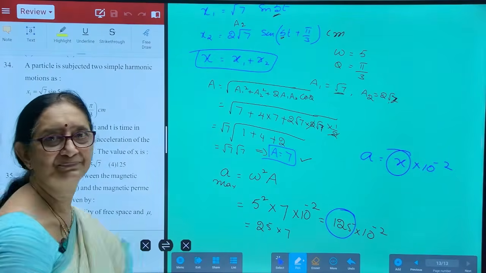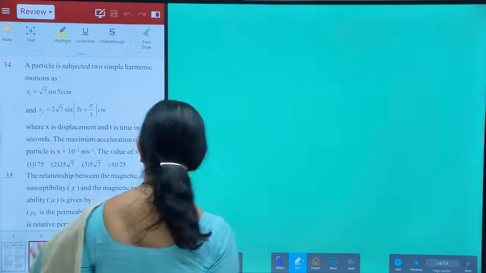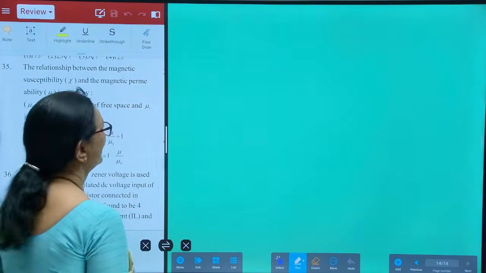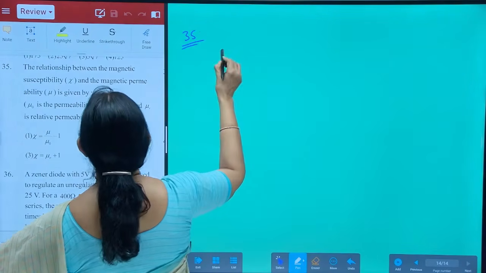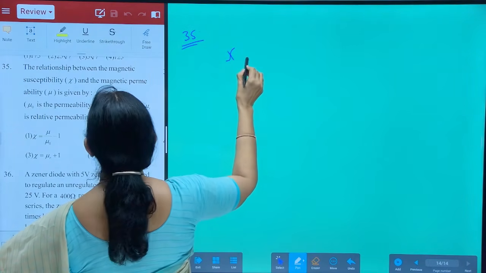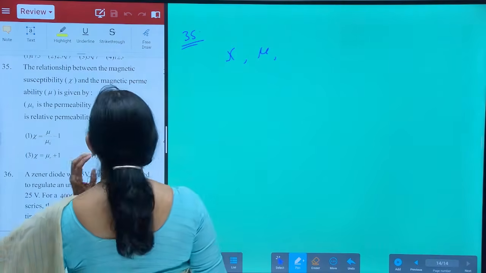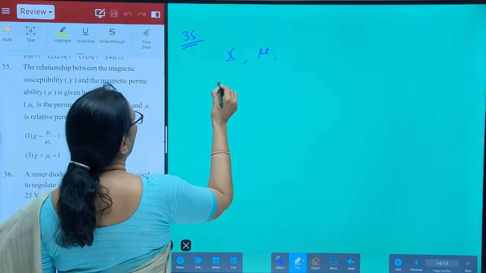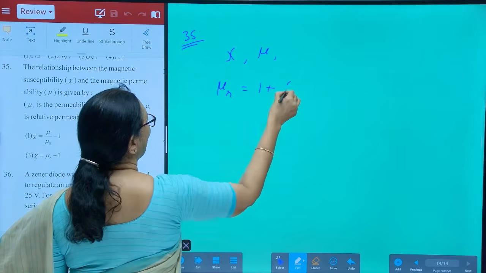Clear? Okay. Let us go to the next problem. This is from magnetism. Relation between magnetic susceptibility, Xi, and the magnetic permeability. Okay, so here we know mu r is equal to 1 plus Xi.